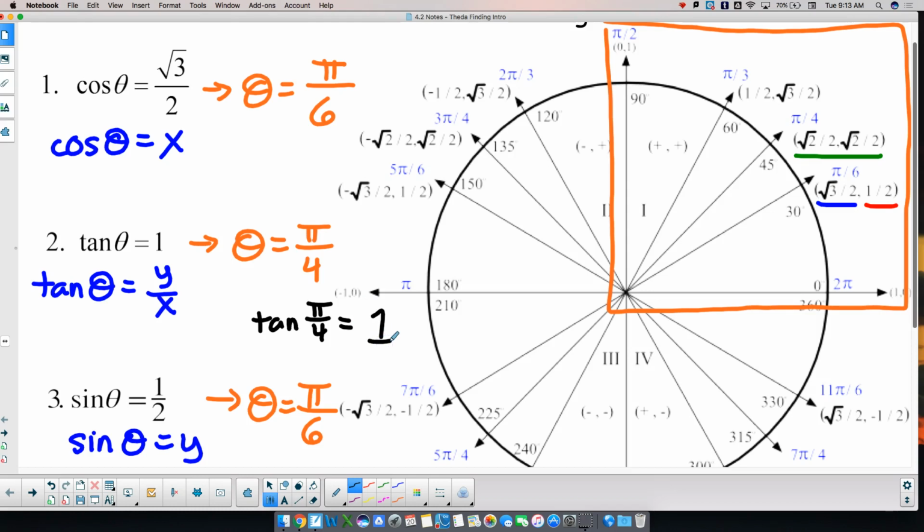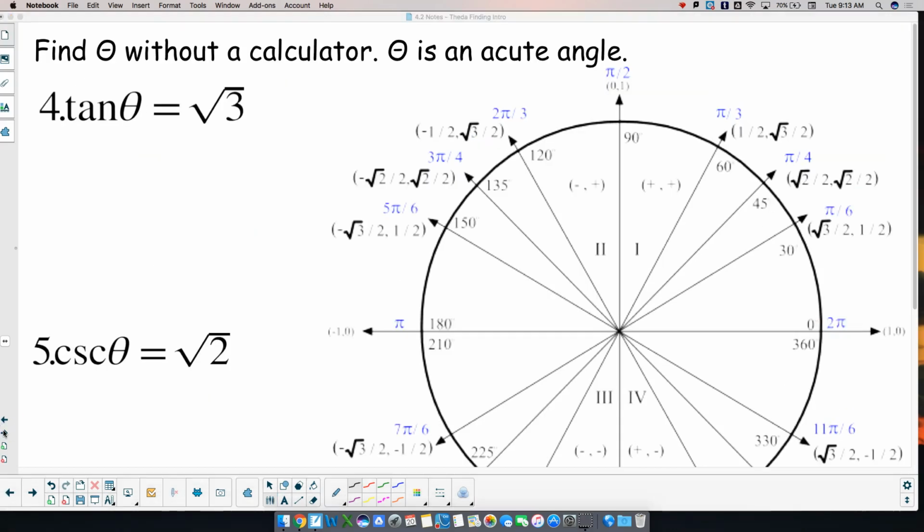Now we're saying we give you the value of what the trig function is, you go out and you find it. Okay? So what I would like you to do now, based off of your unit circle, or the one right here still on the screen, is on your note sheet of paper, find me when the tangent is equal to the square root of 3, and when cosecant is equal to the square root of 2, and then find me what those theta values are. So please do these two problems right now.